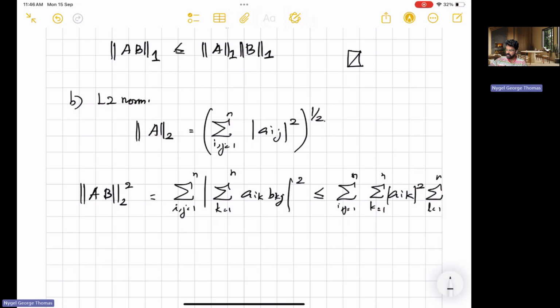L is equal to 1 to n, b, lk lj, sorry, lj squared, right? Again, we can take i and k together.